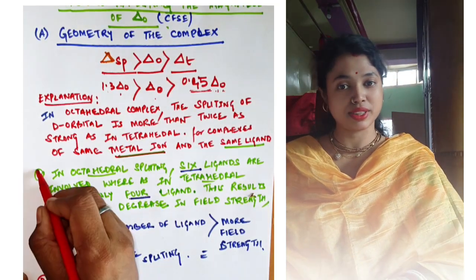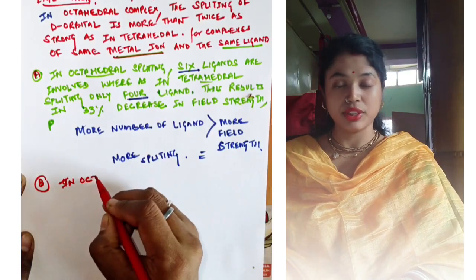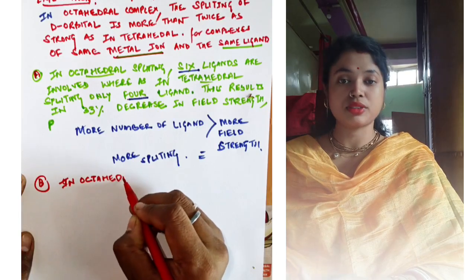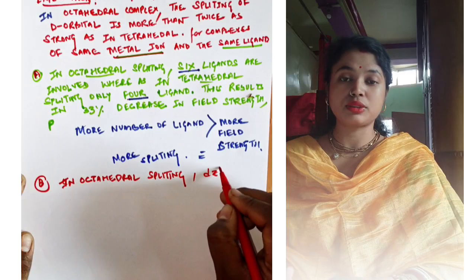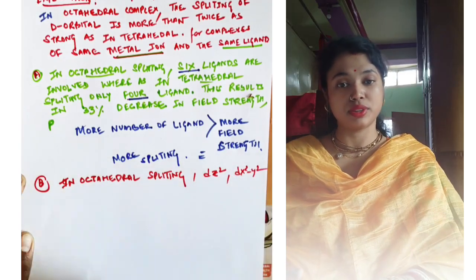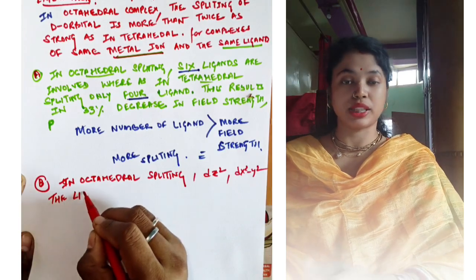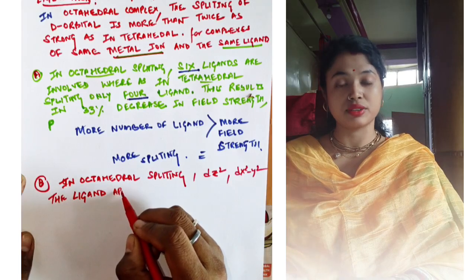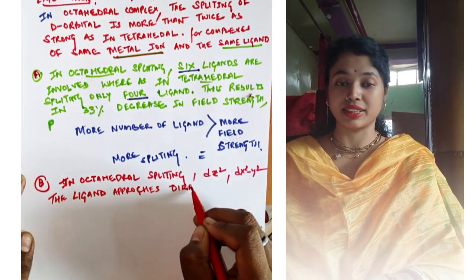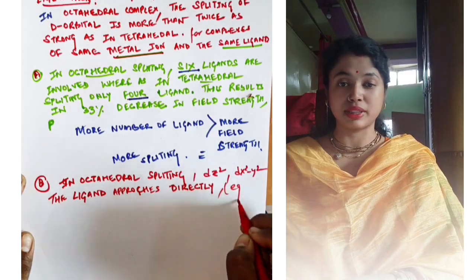What happens in octahedral splitting? The ligands approach the dz square and dx square minus y square orbitals directly, that is the Eg set.